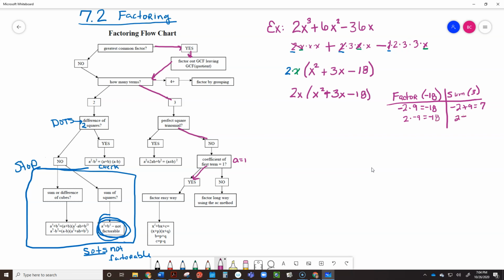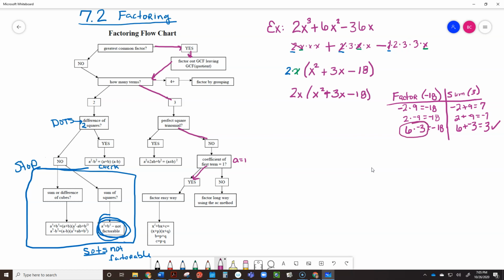But a positive 2 plus a negative 9, that's just going to give me a negative 7. So what about 6 and 3? Positive 6 times negative 3. That's going to give me a negative 18. A positive 6 plus a negative 3, that's going to give me a positive 3. So it looks like I got the sum of 3 here.